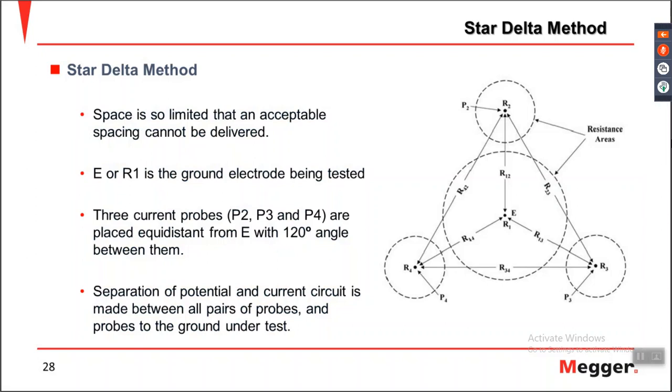Next, the star delta method. This is if you have a space problem. If you have a space problem to measure the ground resistance on your system, I think this method can be used.